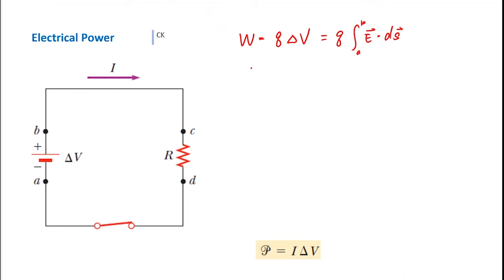Let's define power. Power, trying to be fancy, is defined to be the derivative of work or energy. So it's a rate: how fast can you do the work? If it's a constant value, then you just divide by t. Now, let's say this potential difference is constant.